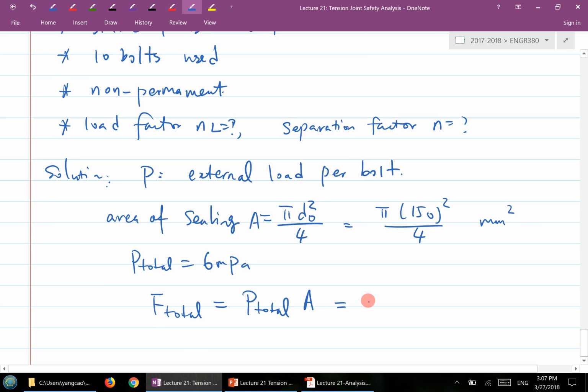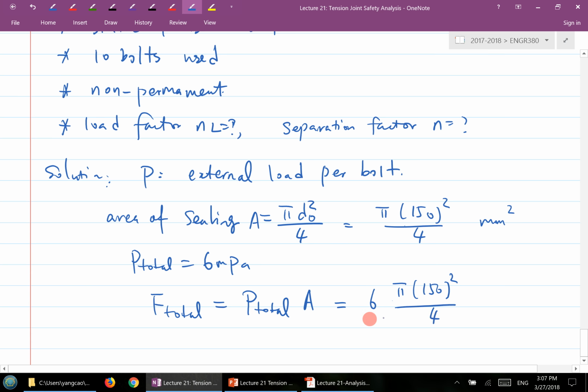This is where you have to be careful with the units. Megapascal is Newton per millimeter square. So we keep the 6 here, times pi, 150 squared, divided by 4. That gives us the total force.